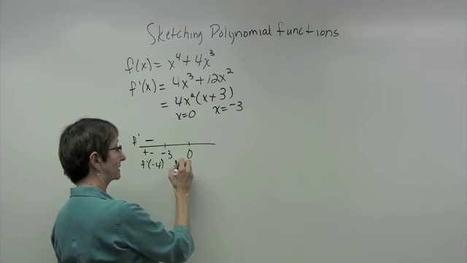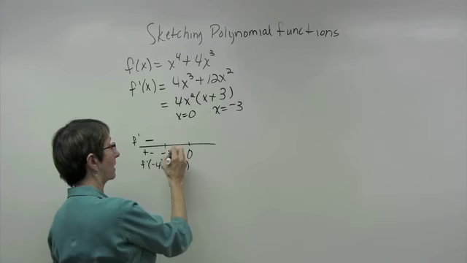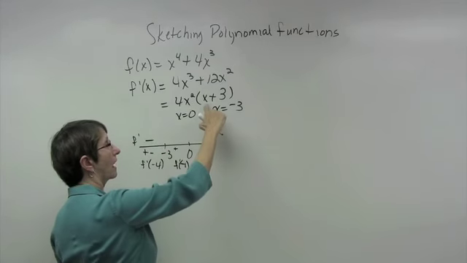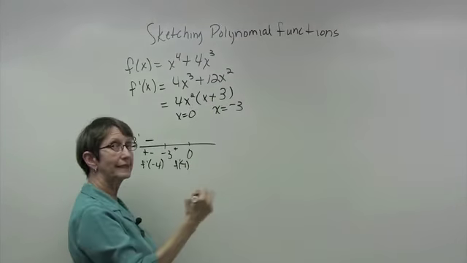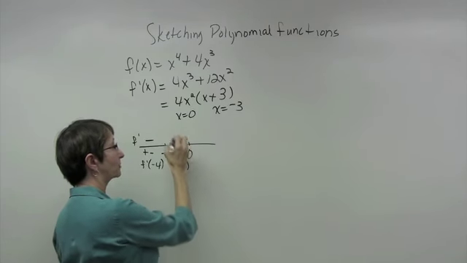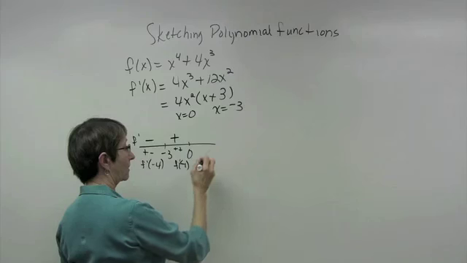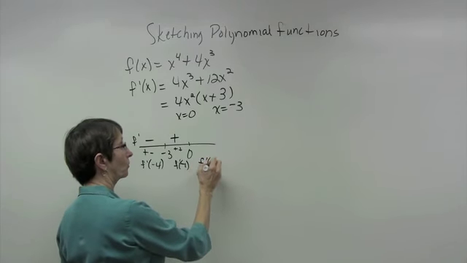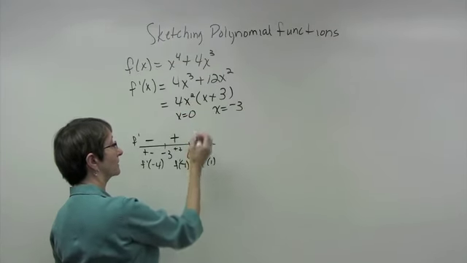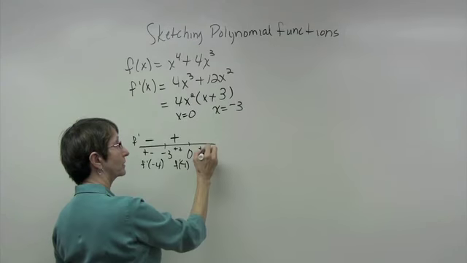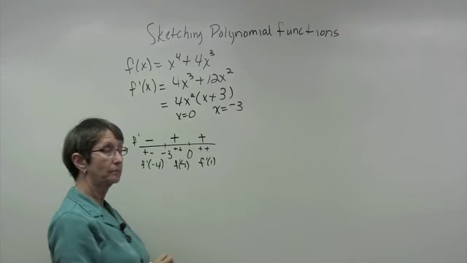Let's look in here, say f prime at negative 1. Negative 1 squared is a positive, times 4, this piece is still positive. Negative 1 plus 3 is positive. Multiply those two together, I get a positive for the first derivative. Past 0, let's just look at f prime at 1. 4 times 1 is positive. 1 plus 3 is positive, so I have a positive.